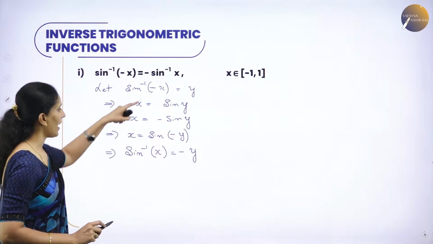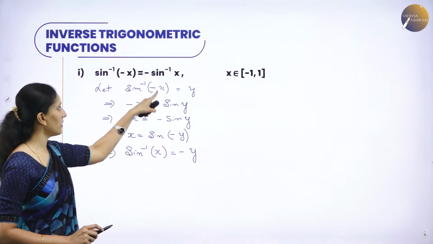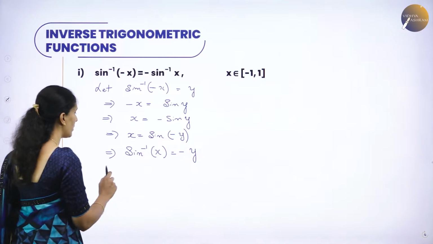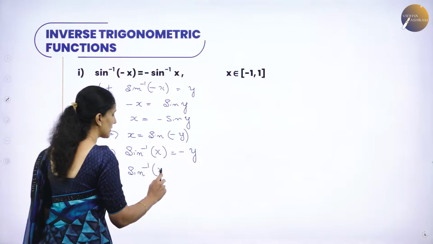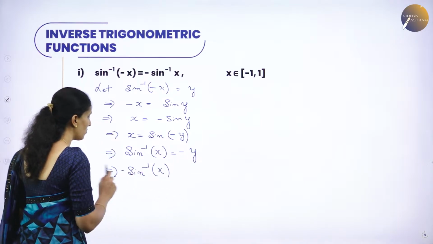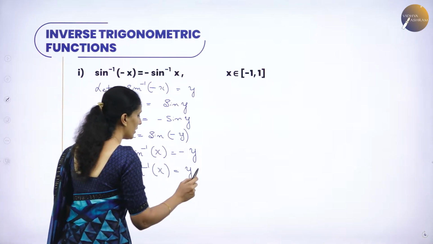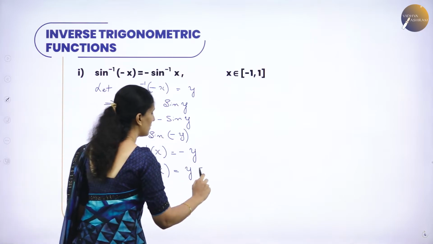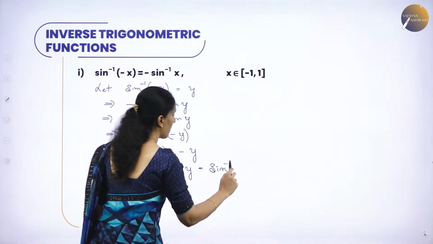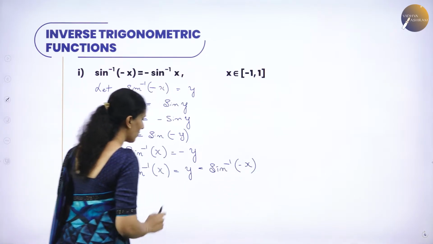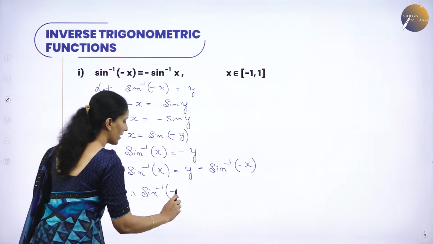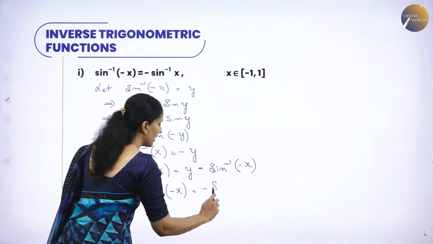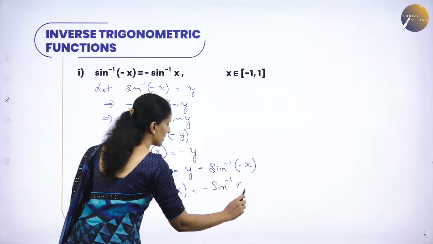Initially we have taken y as sine inverse of minus x here. So here I can write sine inverse of x, I can change the sign to minus, is equal to y. So y is nothing but sine inverse of minus x. So clearly, therefore, I can write sine inverse of minus x as minus sine inverse x.